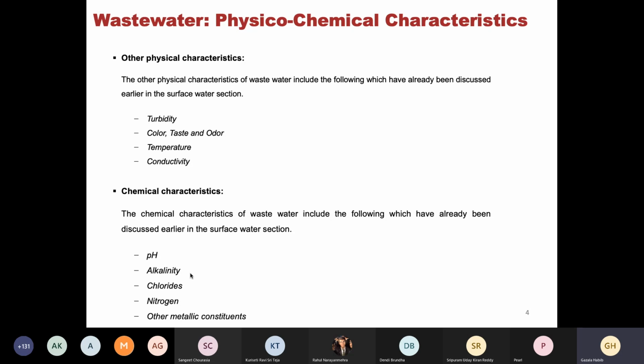However, in water which is supplied, sometimes chloride up to 250 mg per liter is permissible, even in drinking water. But chloride in domestic sewage may not be more than 120 mg per liter.